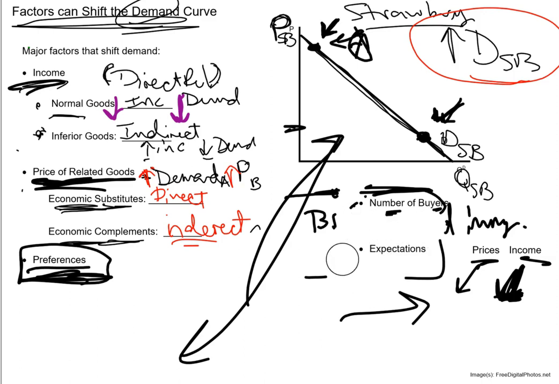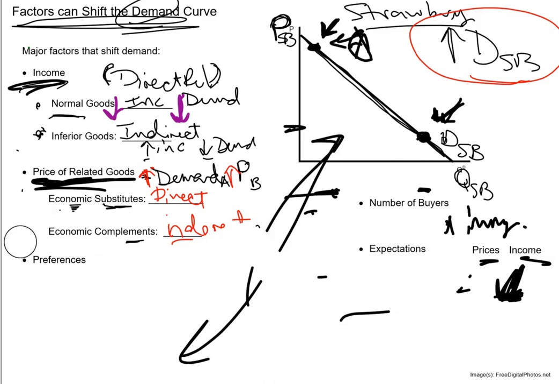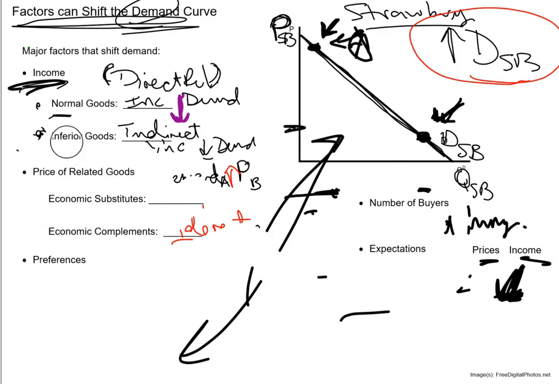There was the expectations, number of buyers, there was the preferences, there was the price of related goods, and there was income. Some of you may be wondering, my goodness, isn't income possibly part of the story? When people have minimum wage go up, for those people who are the minimum wage workers, if they keep their job, doesn't that mean that they're going to have higher wages?